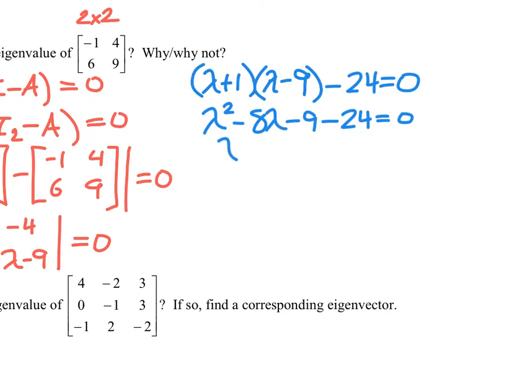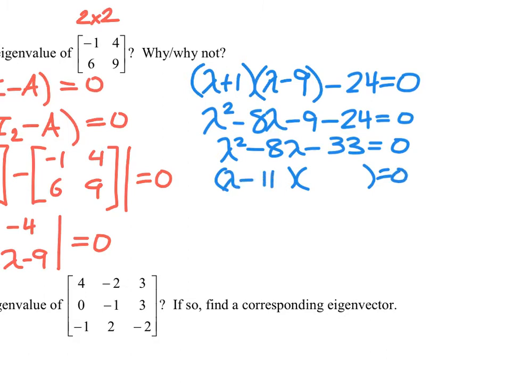All right, so lambda squared minus 8 lambda minus 33. 11 and 3. Lambda minus 11, lambda plus 3. And so lambda equals 11, and lambda equals -3.